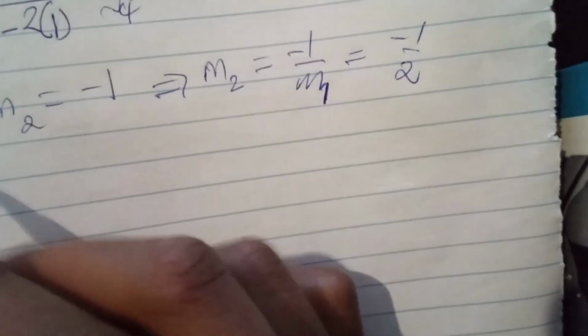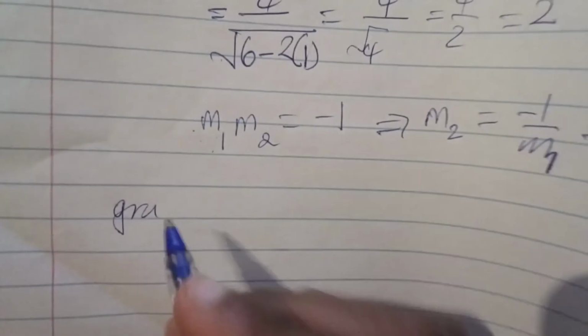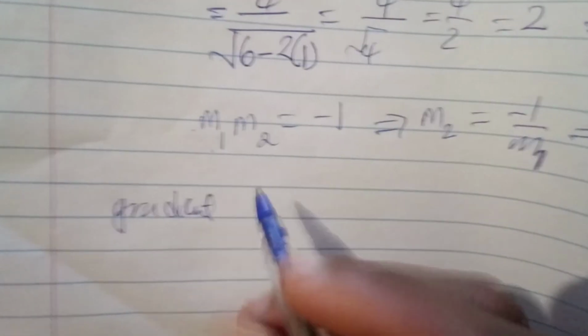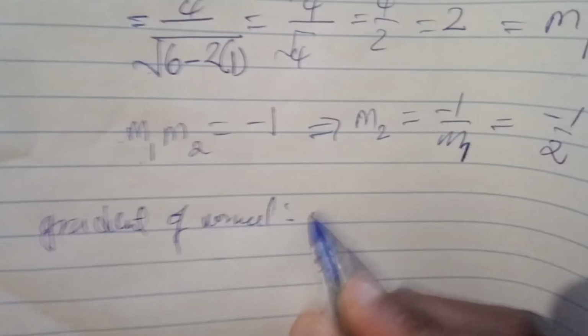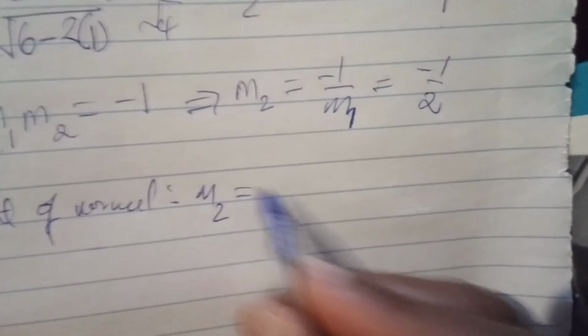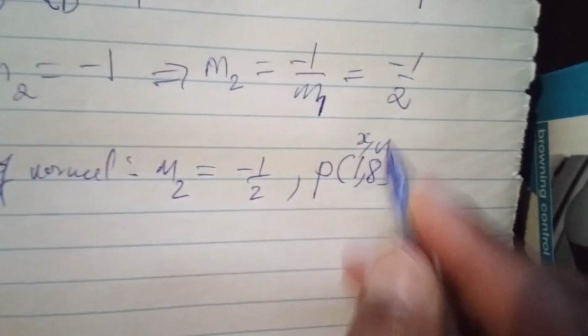Now we have a gradient of the normal, which is M2, equal to negative 1/2, and also we have a point where this crosses, where this is x and this is y.